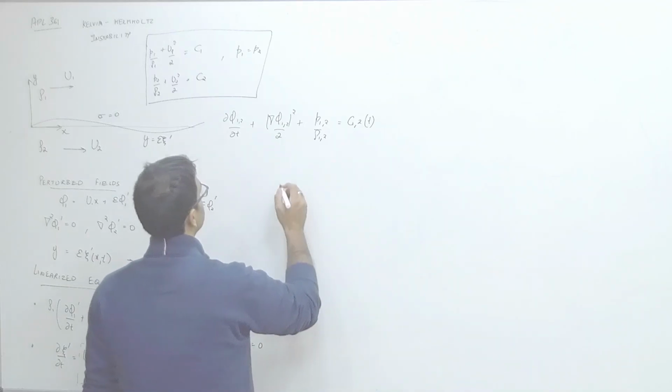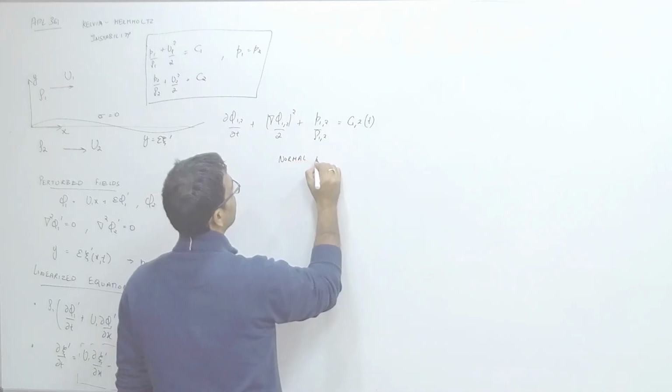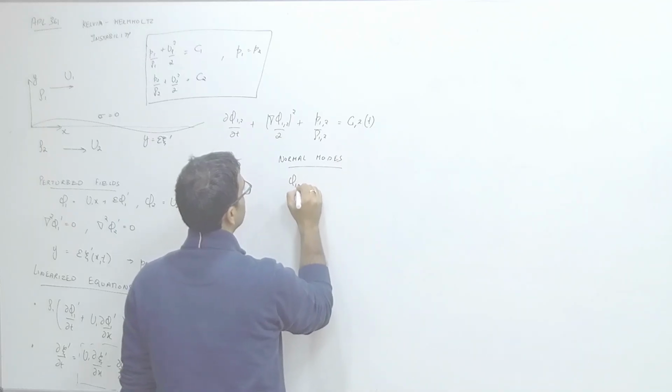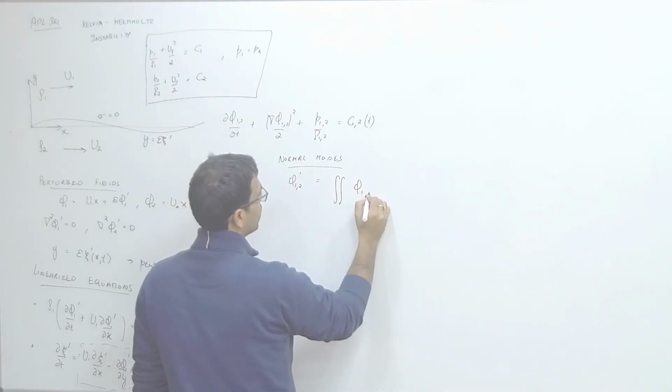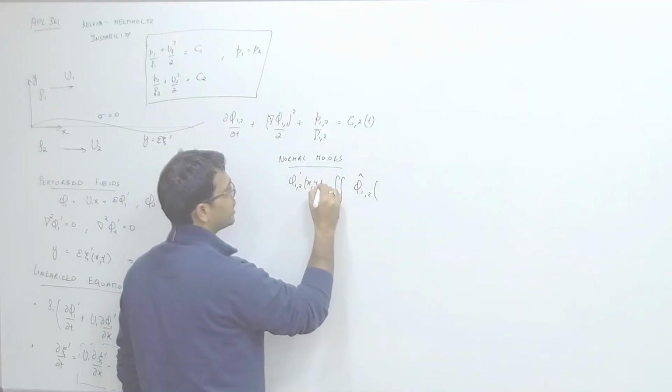So then we were substituting our normal mode assumption. Looking at our normal mode assumption, first we were writing that p1 comma 2 prime is p1 comma 2 hat. This is a function of x, y, t.